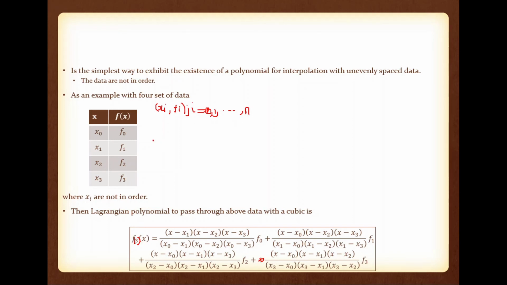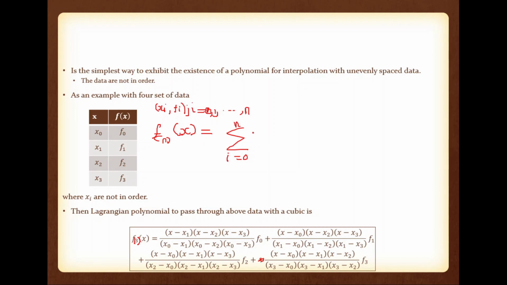Okay, so we can write it as f in bracket n, meaning nth degree polynomial of x, is equal to, please note, if you have 4 data, 4 elements are there, 1, 2, 3, 4. So if we have n plus 1 data, then we have n plus 1 elements. So that is summation, i equal to 0 to n, meaning n plus 1 elements are there.